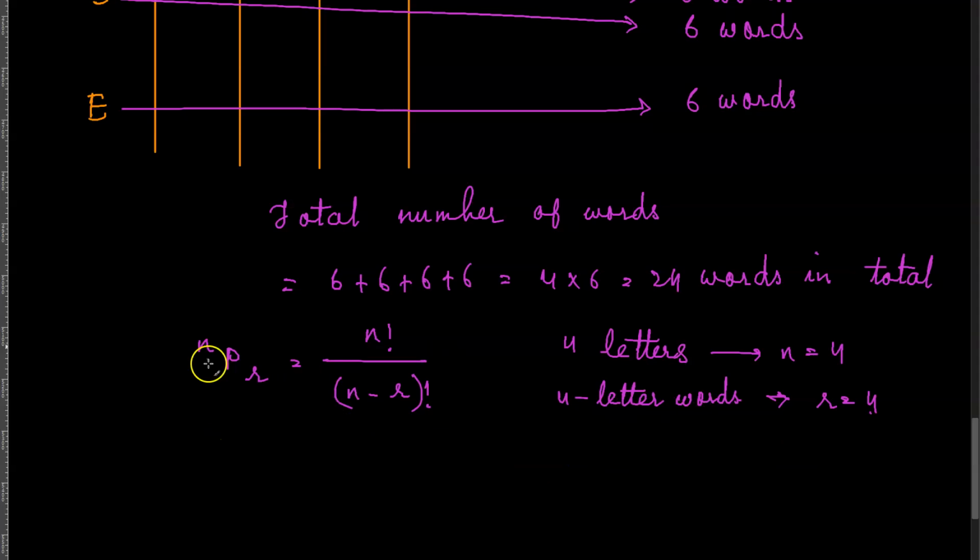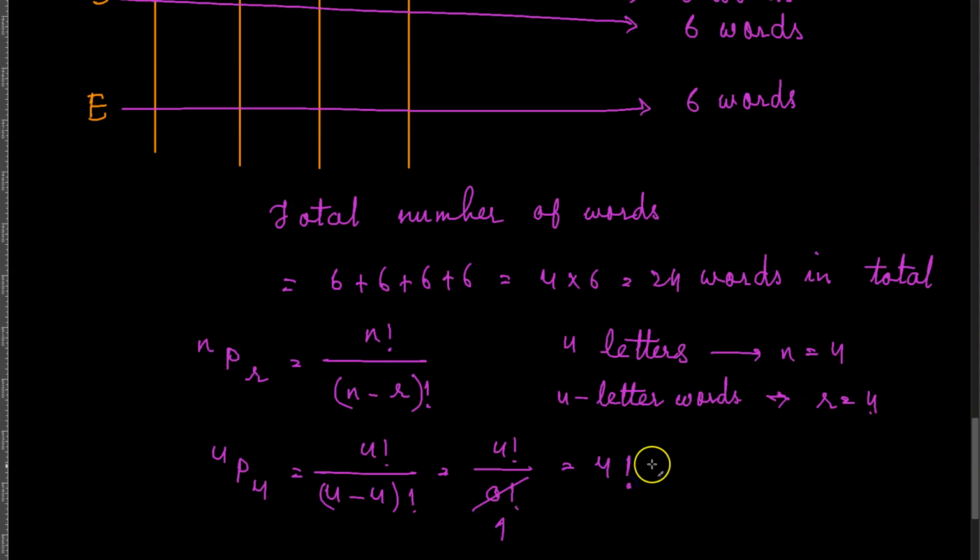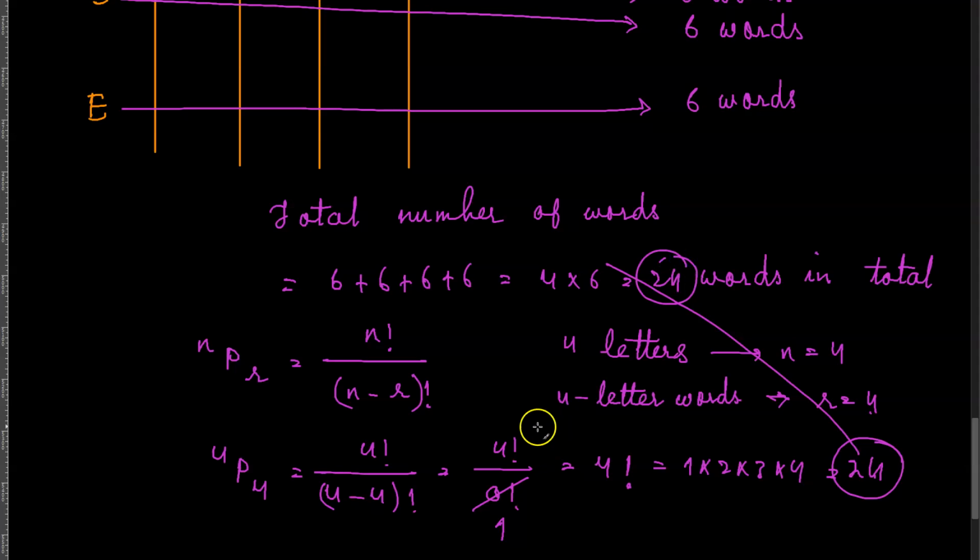So 4 permutation 4 is the same thing as 4 factorial over 4 minus 4 factorial, which is the same thing as 4 factorial over 0 factorial. 0 factorial is 1, so it is equal to 4 factorial. 4 factorial is the same thing as 1 times 2 times 3 times 4, which is equal to 24, which is the same number that we got over here, right?